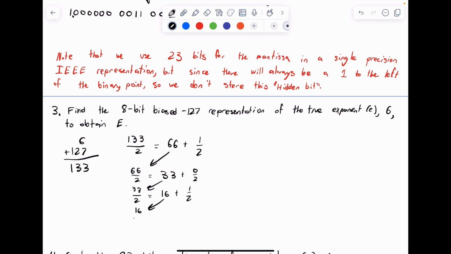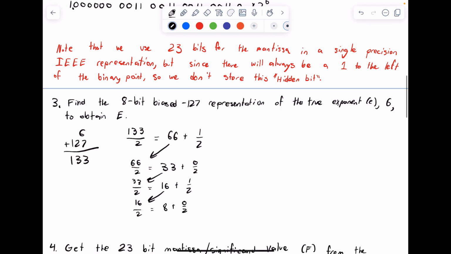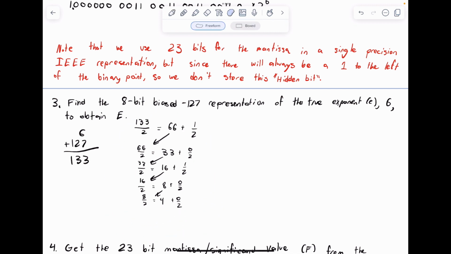Bring the 16 down. 16 divided by 2 is equal to 8 plus 0 over 2. 8 divided by 2 is equal to 4 plus 0 over 2. Just shrink this down a little bit. Then we bring the 4 down. 4 divided by 2 is equal to 2 plus 0 over 2. Bring the 2 down. 2 divided by 2 is equal to 1 plus 0 over 2.